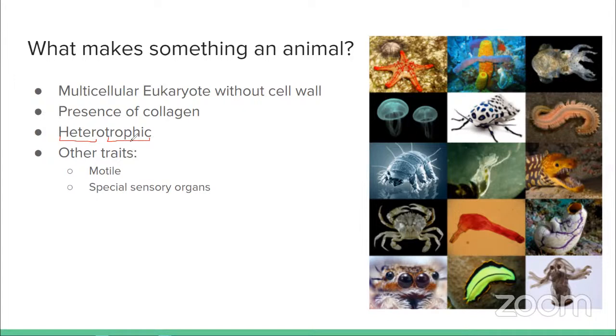Other things that tend to be true about animals is they're usually motile, so they can move. They're not the only thing that can move, but they're the best example of things that can move. Other things are usually weird exceptions when we're thinking about multicellular organisms anyway. And we see special sensory organs of a variety of types in our animals.